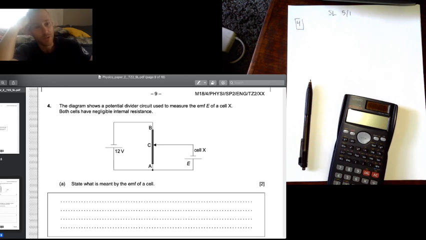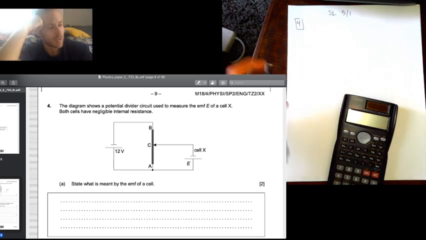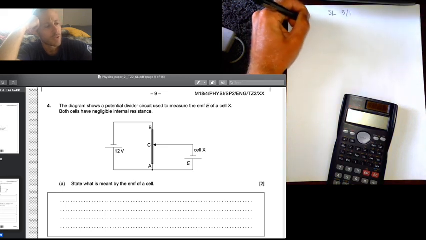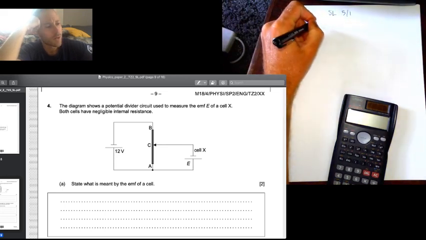First of all, it says, state what is meant by the EMF of a cell. So EMF stands for electromotive force.